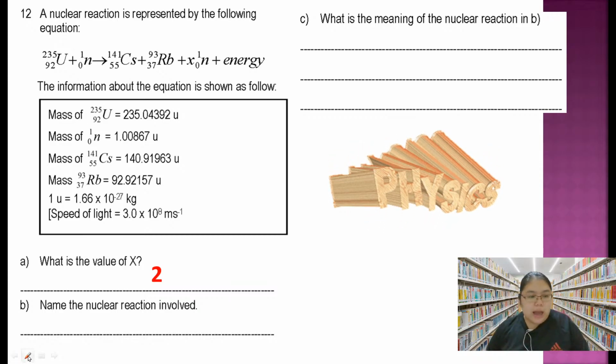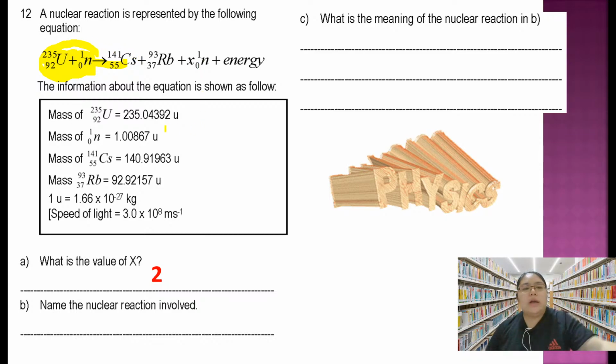I highlight first: this one is before, so the total mass here is how many? You add them first. Then you need to minus the other. Wait, I change the color. Can change or not? Okay, no. We just write here. This one is after. So the mass defect is the before mass minus the after mass.